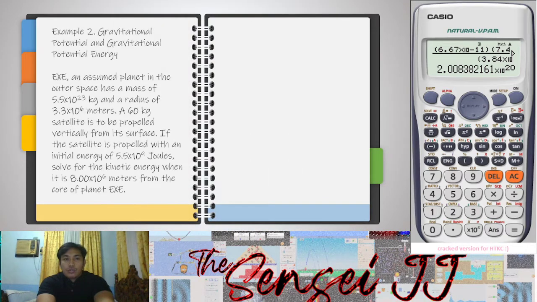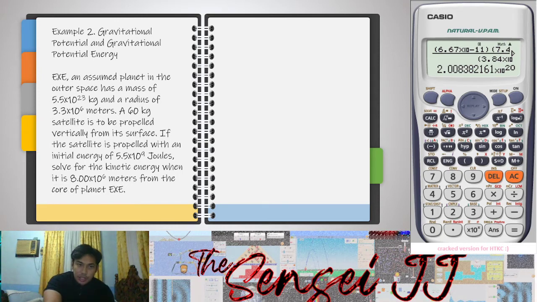So let's move on to our next topic, which is gravitational potential and gravitational potential energy. Planet EXE, an assumed planet in outer space, has a mass of 5.5 times 10 raised to 23 kilograms and a radius of 3.3 times 10 raised to 6 meters. A 60-kilogram satellite is to be propelled vertically from its surface with an initial energy of 5.5 times 10 raised to 9 joules.